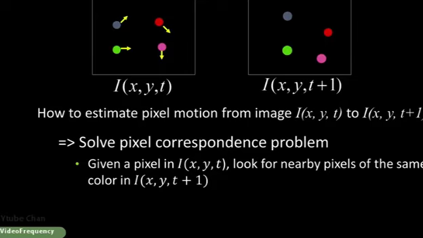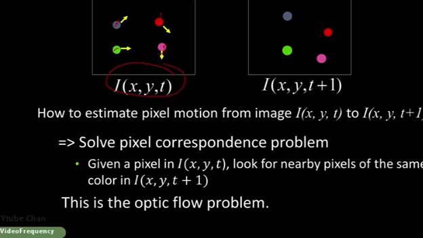It's kind of related, but somewhat different here because the pixels can move however they want. Given some pixel in I(x, y, t), so here's one, here's one, here's one, here's one, look for nearby pixels of the same color in (x, y, t plus 1). Solving this problem is what's referred to as the optic flow problem or optical flow problem.